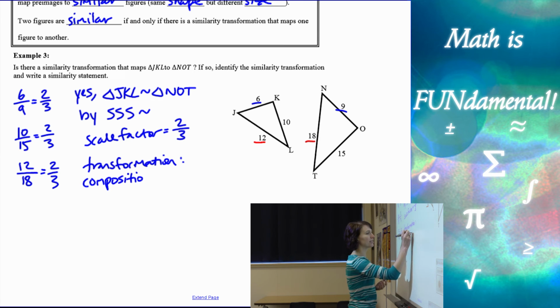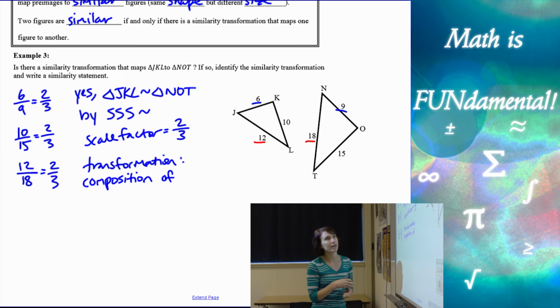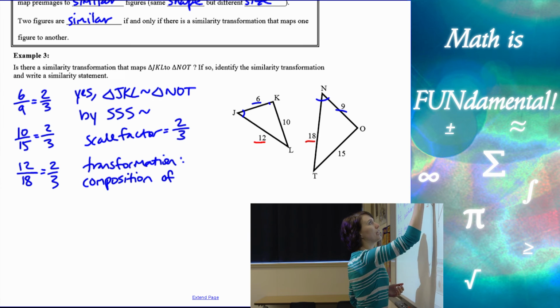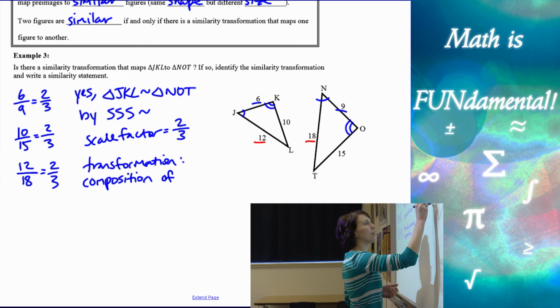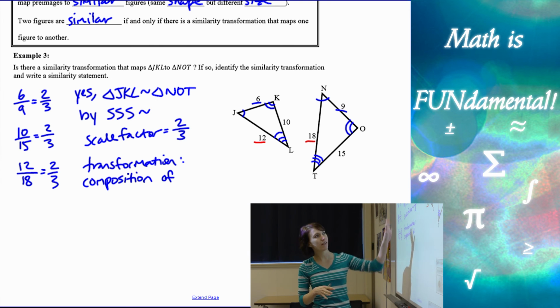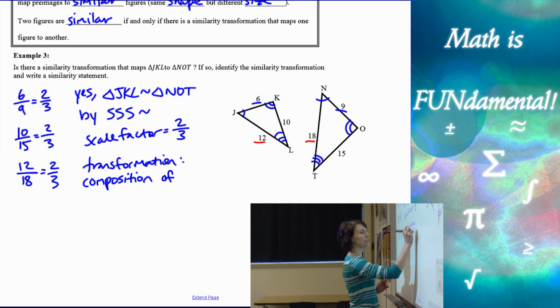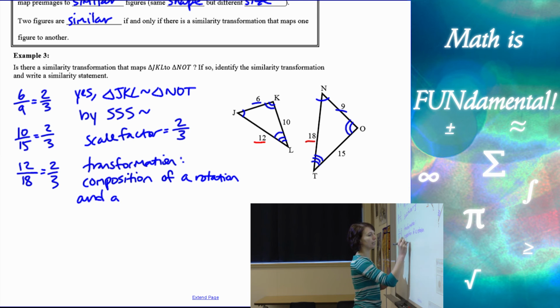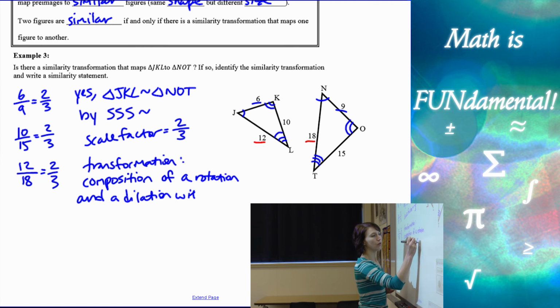If we imagine this on a graph, this mapped to this one, here mapped to here, and this one mapped to here. So our figure has to rotate a little bit, and then it has to dilate. So a composition of a rotation and a dilation with scale factor.